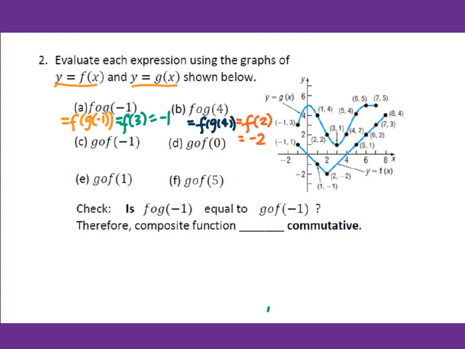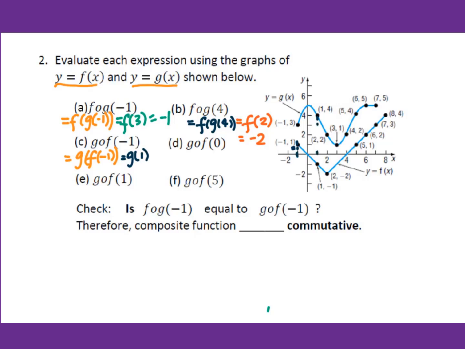Now let's go to C. We have g of f of negative 1. f of negative 1, that's here. Then draw the vertical line to pass through the f function, that is 1. So we get g of 1. Find g of 1, it's here.